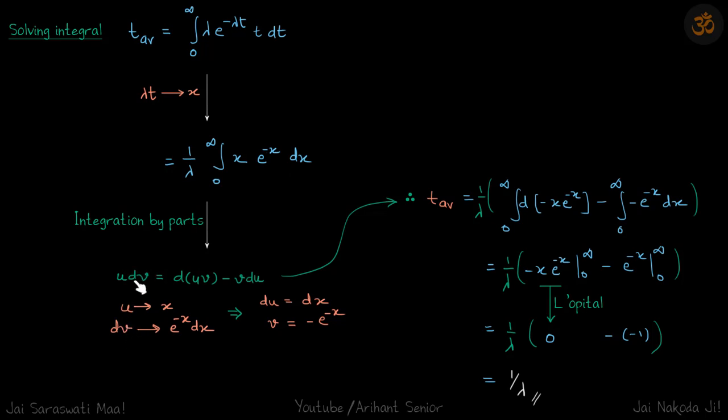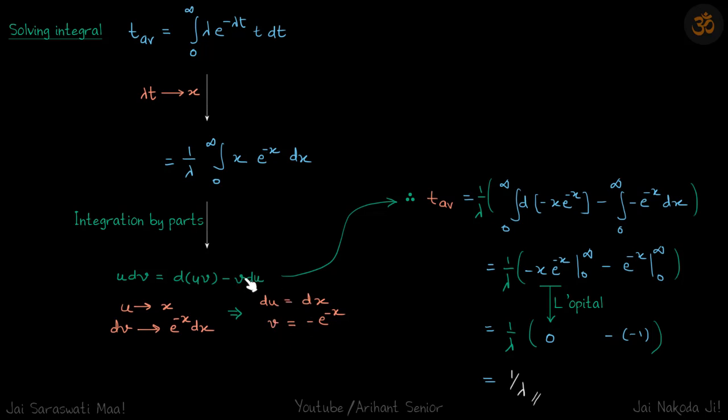What we have here is u dv, and we'll write that in the form of d of uv minus v du. For that, of course, we need to know what du is and what v is. So du will be dx, and if we integrate dv, v will be minus e to the power minus x.